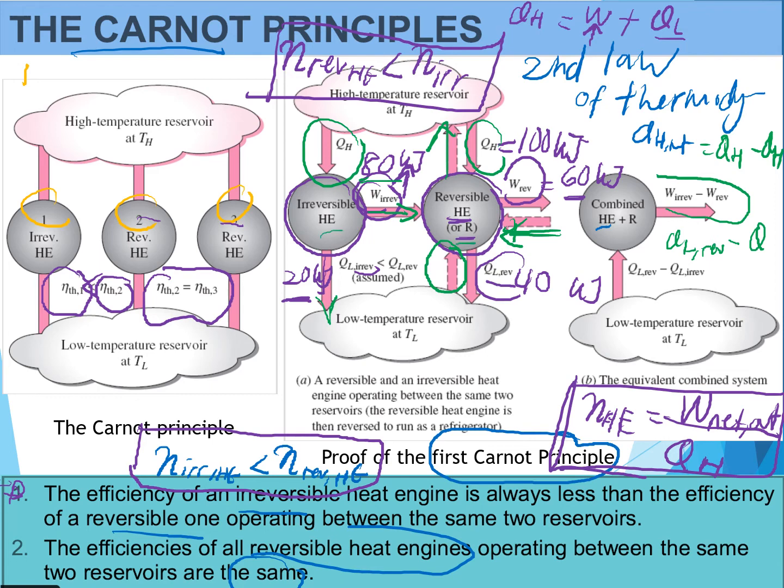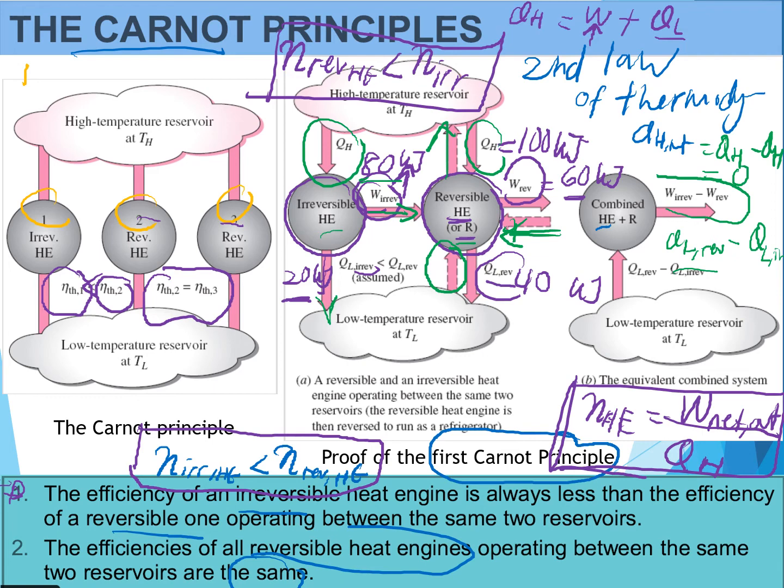That's why you have QL net equal to QL reversible minus QL irreversible. Okay, so for QH, you will have none, because QH minus QH is equal to 0.